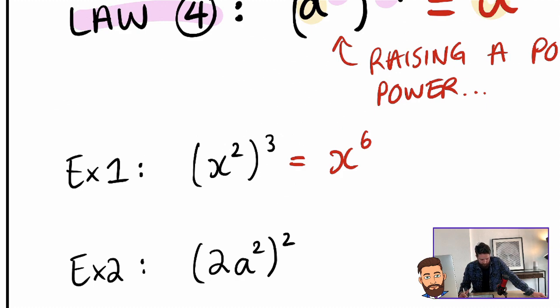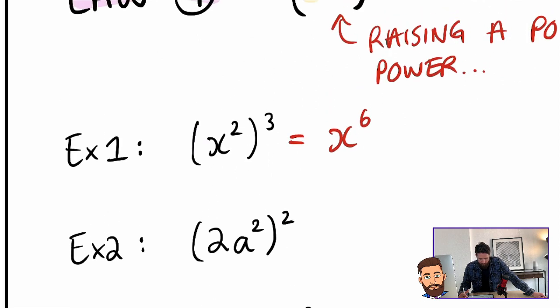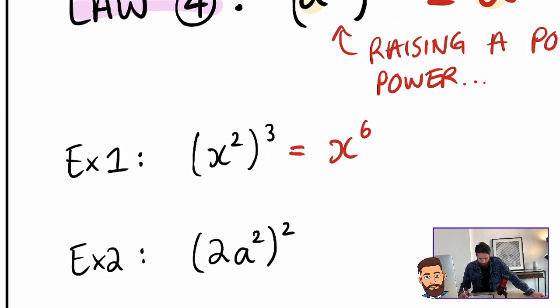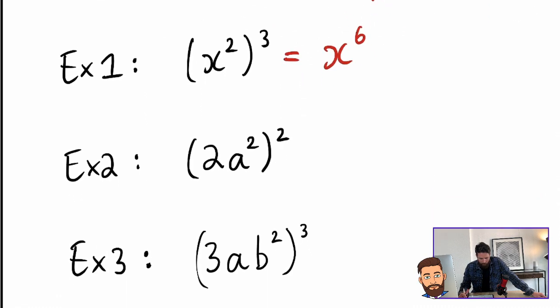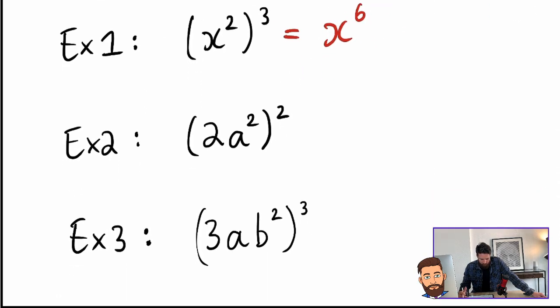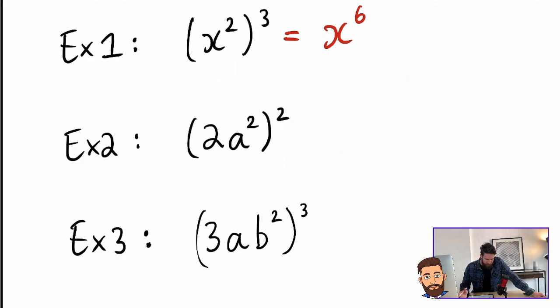Example 2 and example 3 is where students go wrong. And I can see why they go wrong, but I'm going to explain now, using things you've seen already, why they get it wrong. So I'm going to show you what the students generally do, and it might be something that you were thinking, and then I'll explain what they've done wrong and what they've missed.